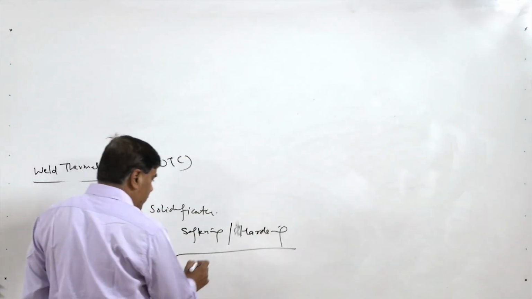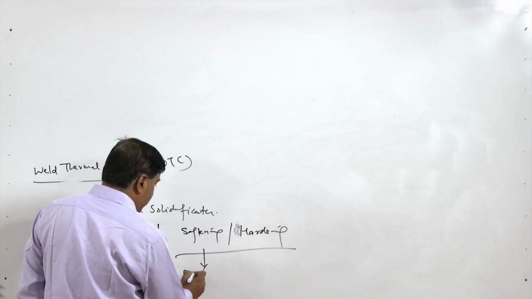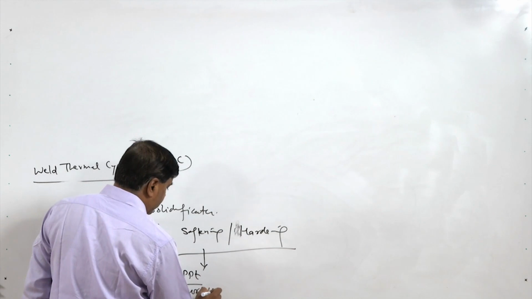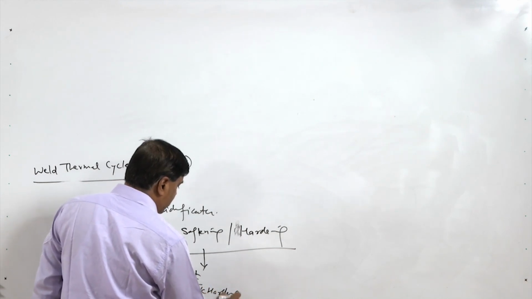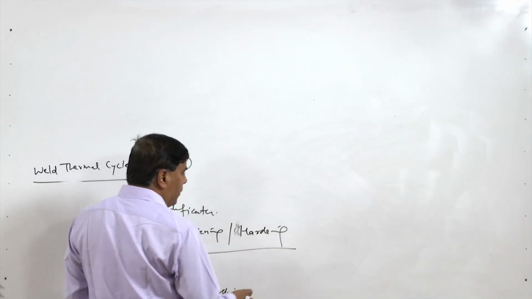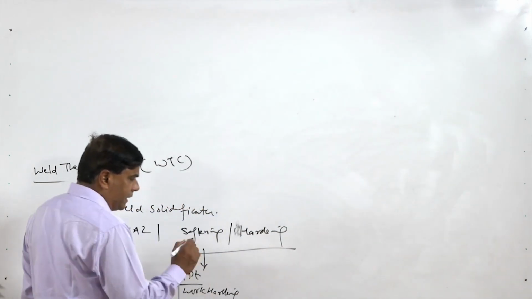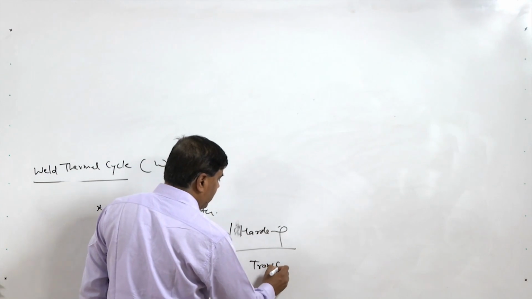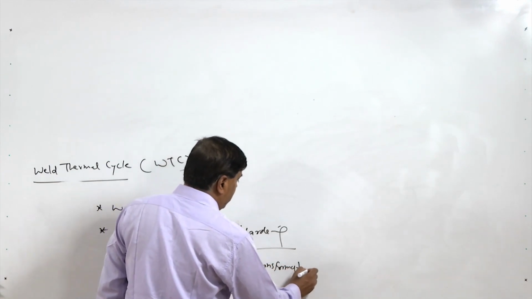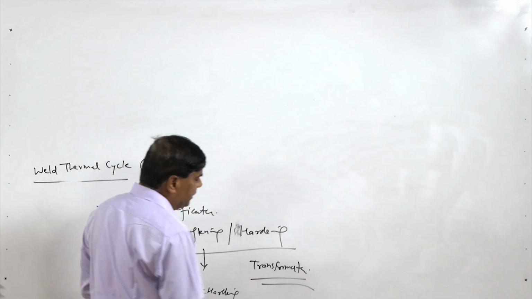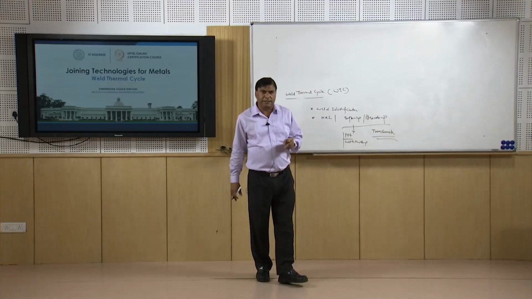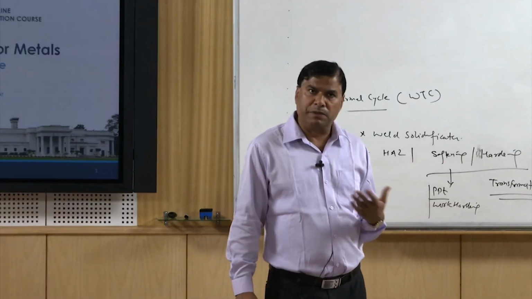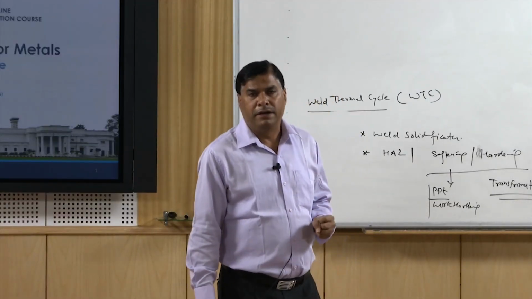What is normally observed is that softening occurs with precipitation hardenable and work hardenable systems, as in aluminum alloys, while hardening is observed in transformation hardenable systems like steels during welding. So depending upon the specific metallurgical aspects, there may be different metallurgical structures which will govern the mechanical properties of the weld joints.